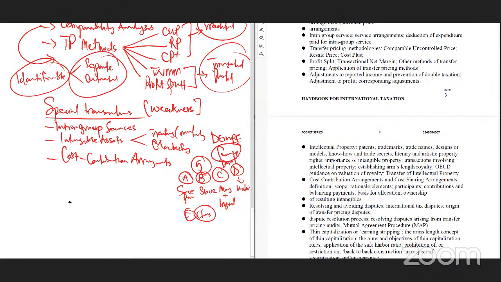So these are special transactions, and then I'll add one, intragroup financing. This is an area that you have to take very, very seriously. So intragroup financing is mostly about interest rates. Let's say you are giving a loan to somebody. The interest rate that you are giving, is it at arm's length or are you manipulating?